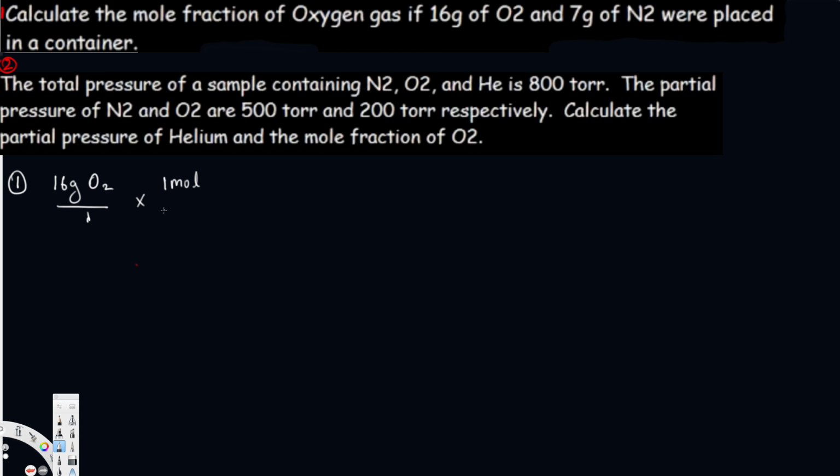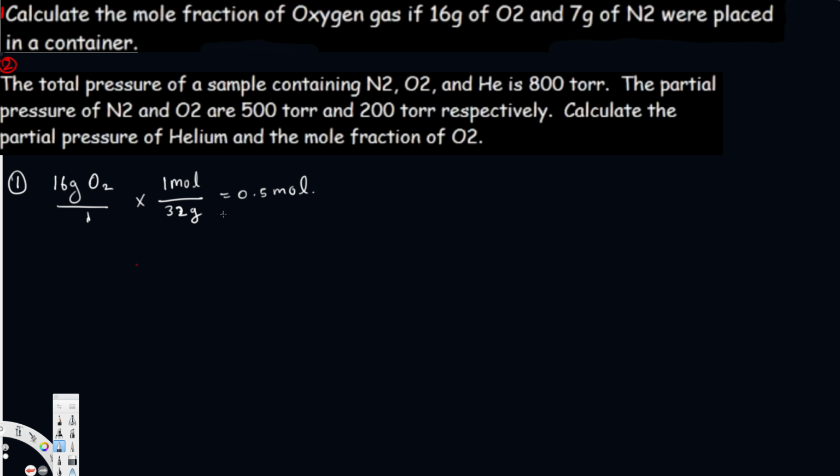In this case, 1 oxygen contains 16 grams, so 2 oxygen is 32. This is molar mass, gram per mole, and this is for oxygen. So if you calculate this one, you will get 0.5 mole.